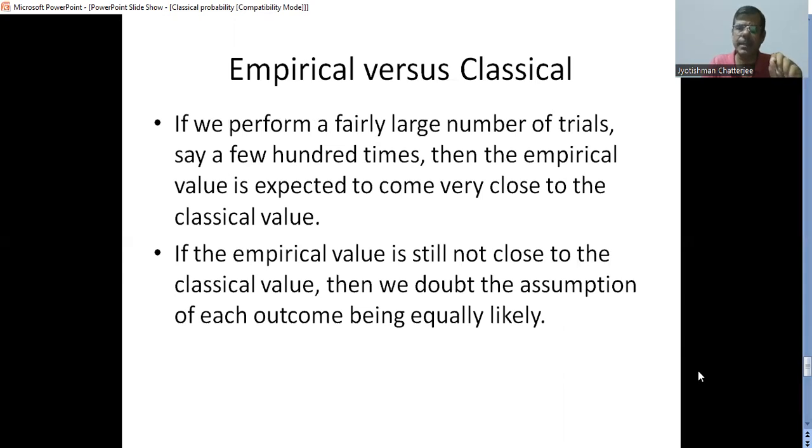And our probability calculation is based on that assumption. So when your empirical value is very different from the classical probability value that you calculate, there is sufficient ground to question that assumption that each outcome is equally likely.